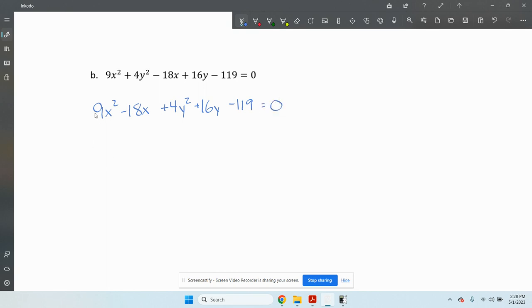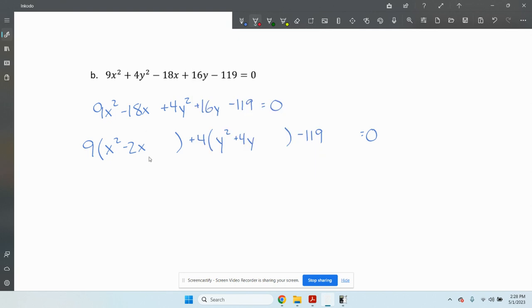Group your y's. I'm going to factor the coefficient of the x squared and the y squared out of the x's and y's respectively. So this is going to be 9 times the quantity x squared minus 2x, plus 4 times the quantity y squared plus 4y, minus 119, equals 0.